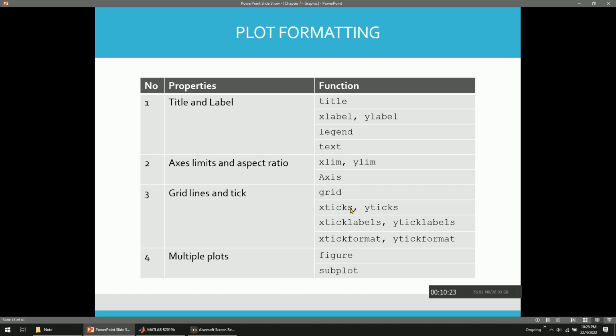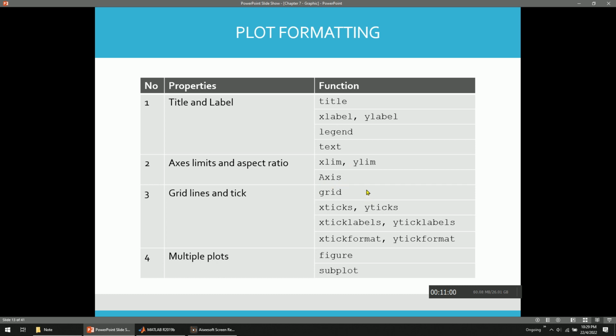Another thing you need to know is plot formatting. Basically, if you want to add something in the plot, you can code it. If you want to add a title, xlabel, the title of the X axis, ylabel, the title of the Y axis, legend, or text, and if you want to add limits to X and Y, xlim, ylim, or you can use axis if you want to set both.